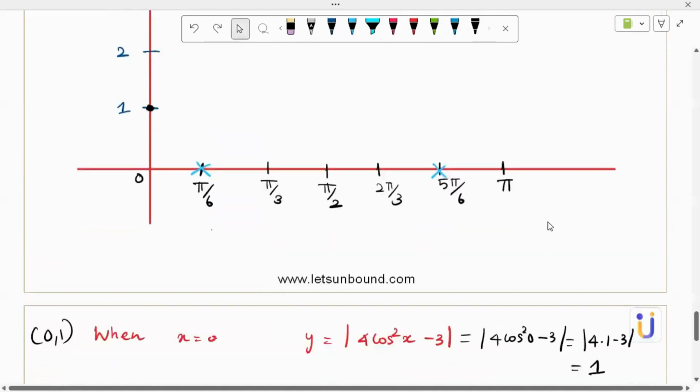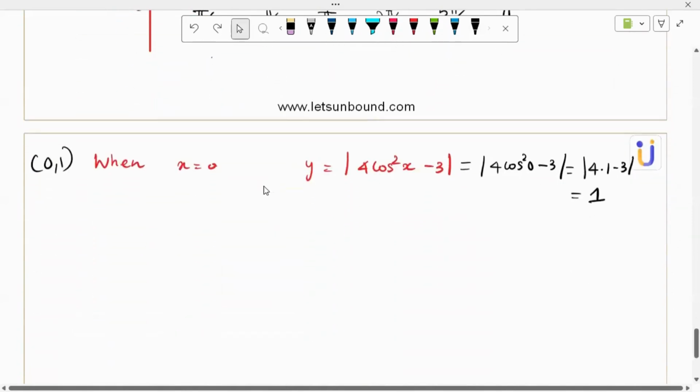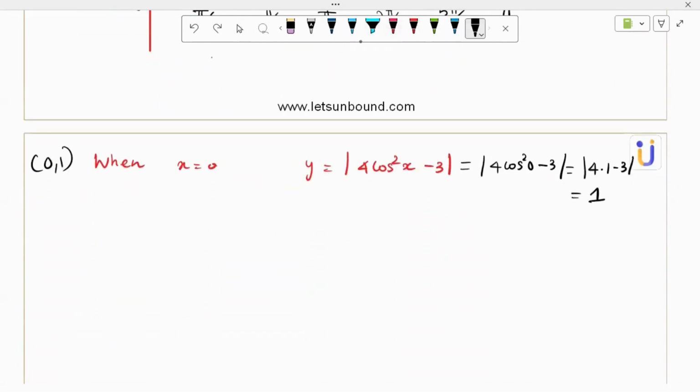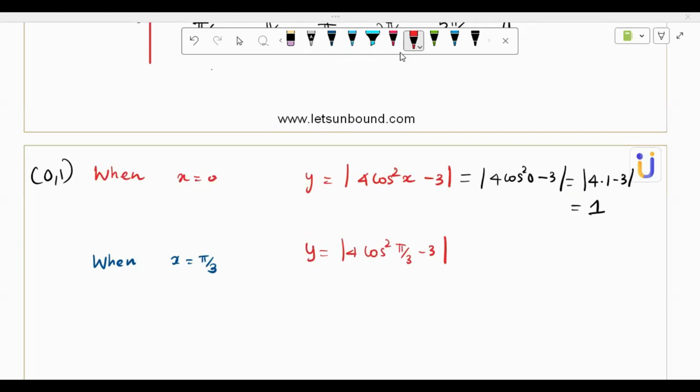Yeah. So when x is pi by 6, I know it crosses the x-axis. When x is pi by 3, y is equal to modulus of 4 cos square pi by 3 minus 3. So cos pi by 3 is 1 by 2. Cos square pi by 3 is 1 by 4.